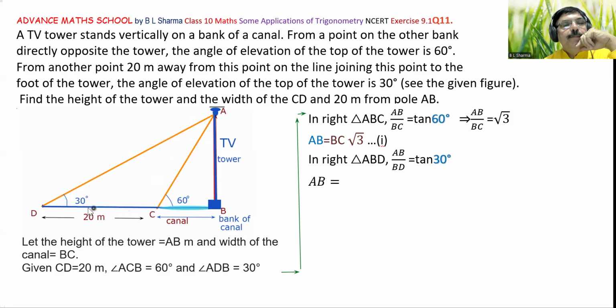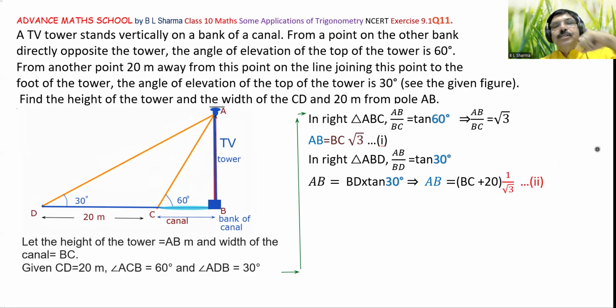That is 20 plus BC. BC plus 20 in place of BD, you can write BD into tan 30 degree. Now in place of BD, you write BC plus 20. The value of tan 30 is 1 upon root 3. Equation number 2.